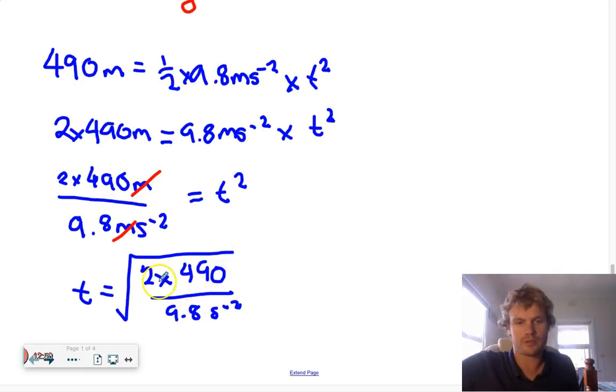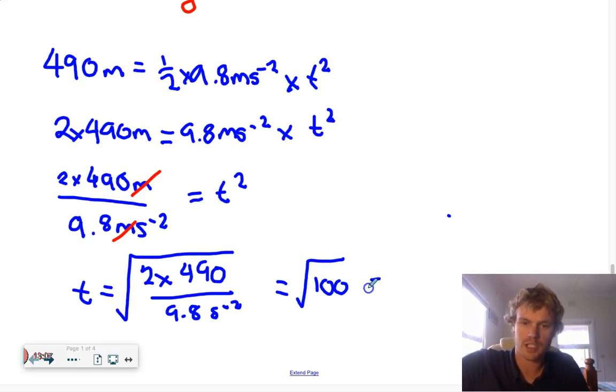So if I put 2 times 490 divided by 9.8 in my calculator, what you get is 100. So the square root of 100. Square root of 100 is 10. So the answer is simply 10 seconds.